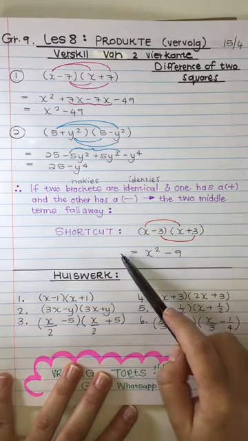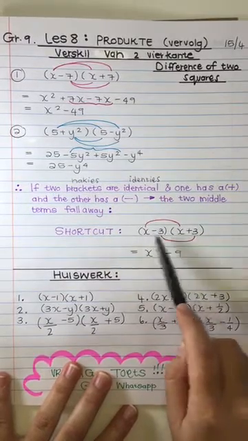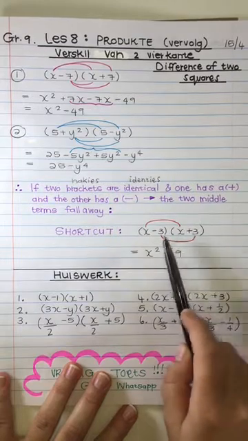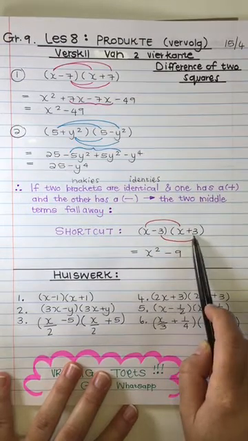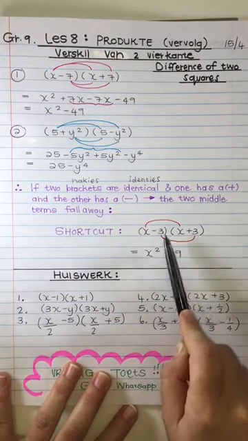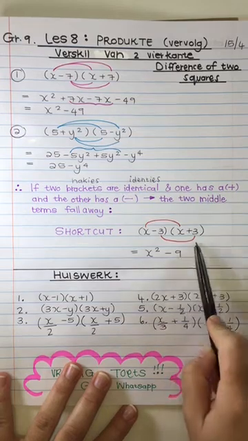Okay, so what you do is you're going to multiply the first two terms in the brackets, and then you're going to only multiply the last two terms of each bracket. So x times x gives us x squared, and minus 3 times plus 3 is minus 9. So that is our shortcut.